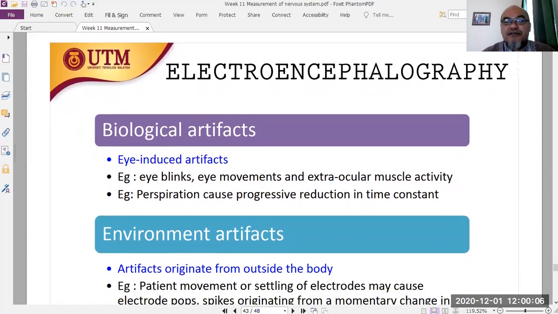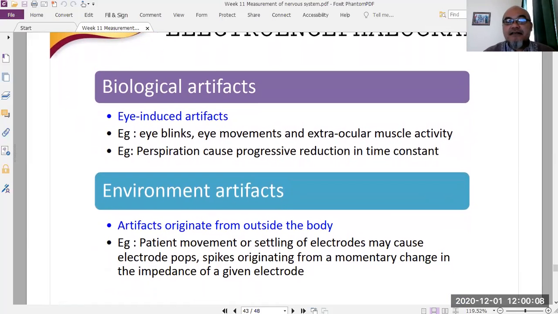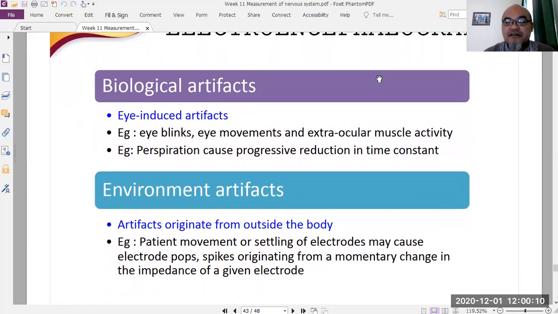And there are artifacts due to the biological effect itself, for example the motion or movement of the eye. When the eye blinks or moves, extraocular muscle activity in the vicinity of the eye will also create some artifacts in the EEG signal.